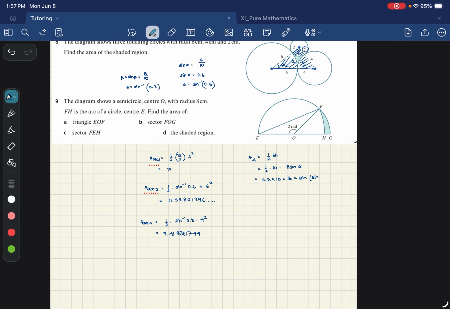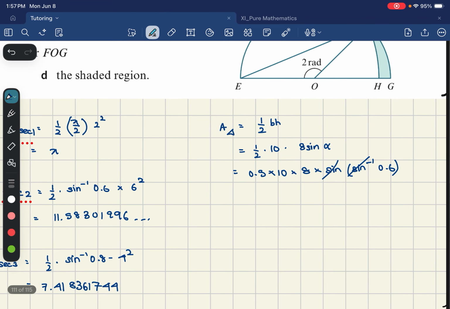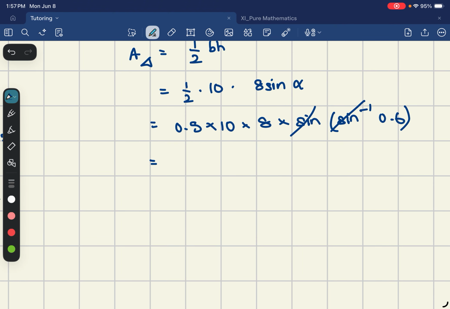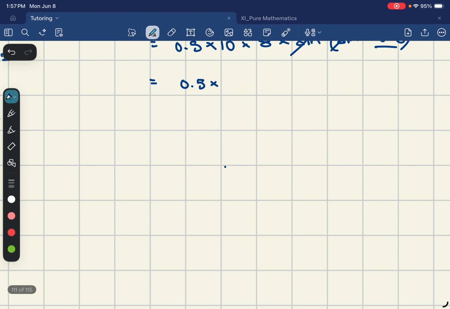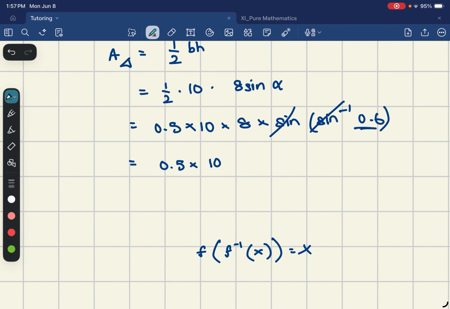What is alpha? Alpha was sine inverse of 0.6. So sine and sine inverse will cancel each other out because they are inverse functions. Remember, f of f inverse of x just gives you x, right?